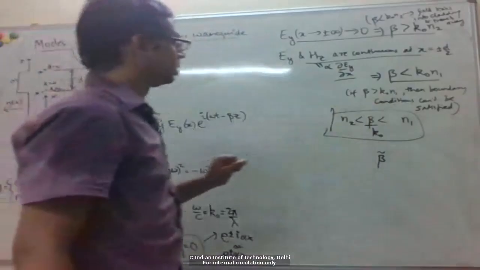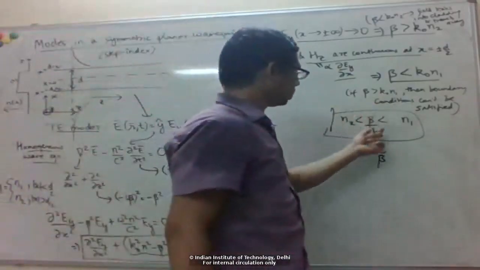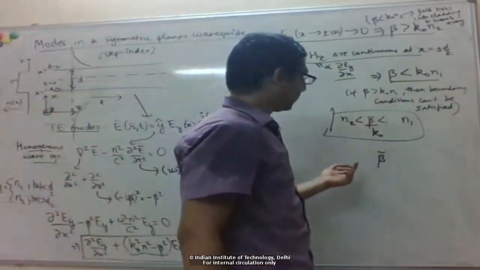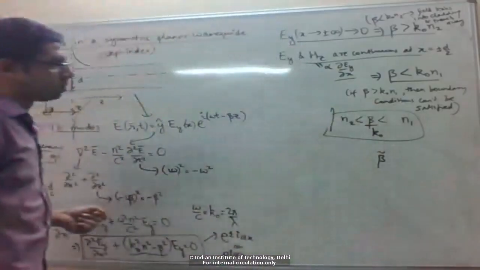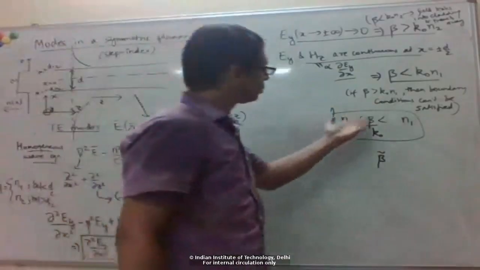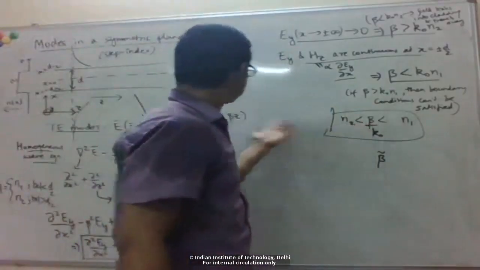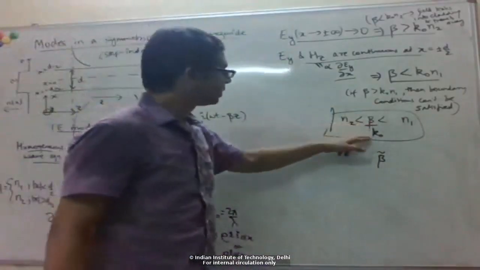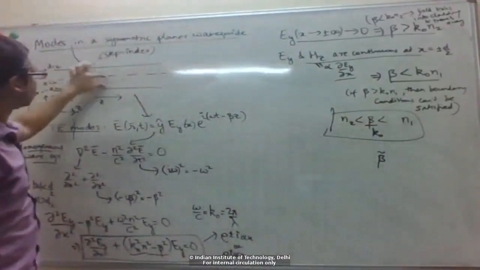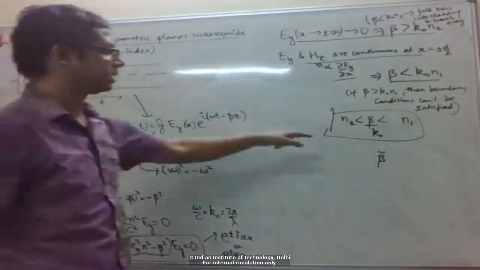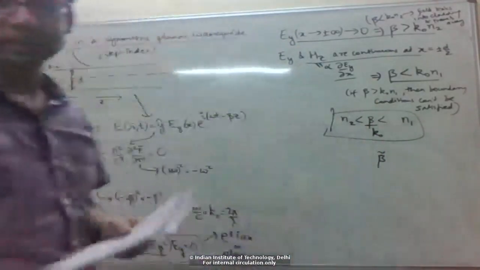Okay, so we'll see also a more precise analogy later. From here you can think of these different modes as waves traveling in the core at different angles to the propagation axis, from this analogy.